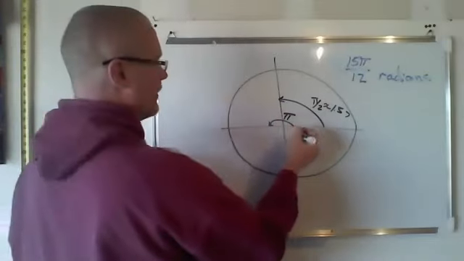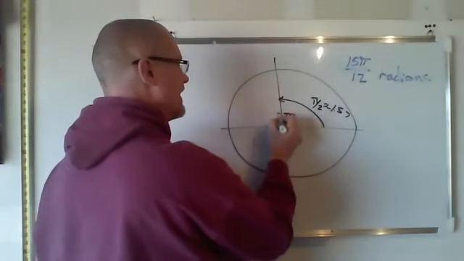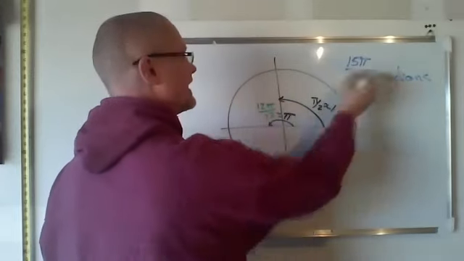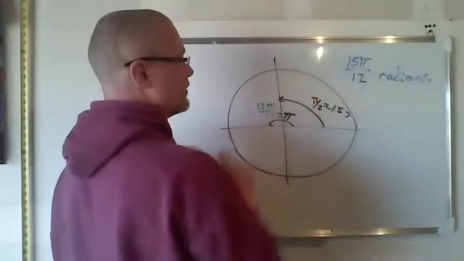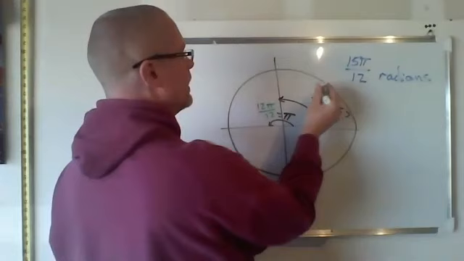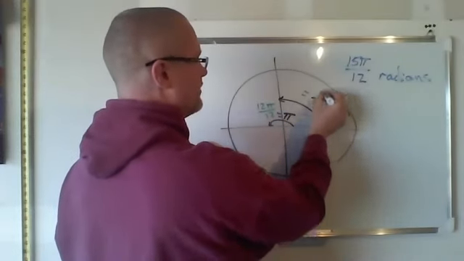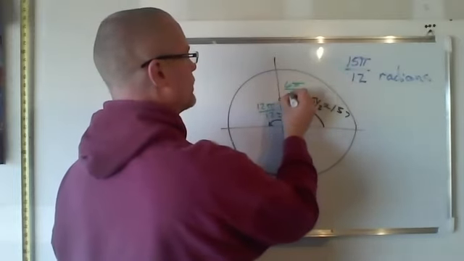So we're not going to think about a half rotation as pi. We're going to think of that as 12 pi over 12. That works out pretty good. And then pi over 2, we're not going to think of that as pi over 2. I need that to get up to 12, so I multiply by 6 on the top and the bottom, 6 over 6. So that's 6 pi over 12.